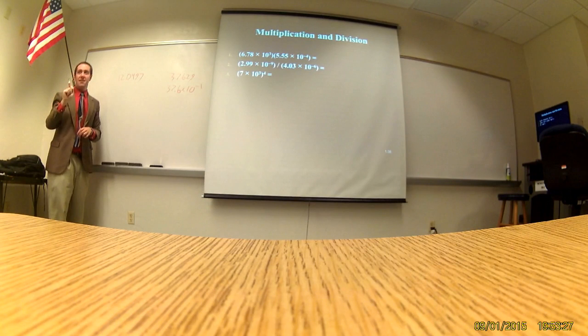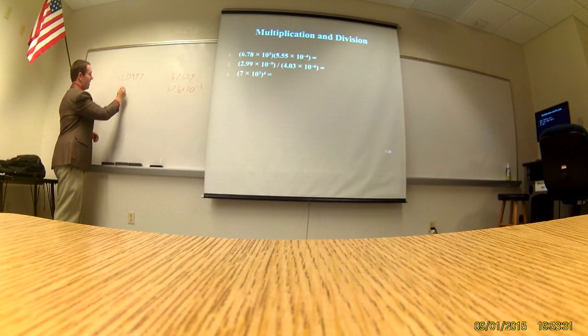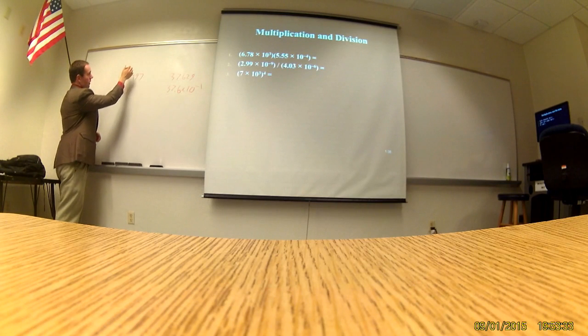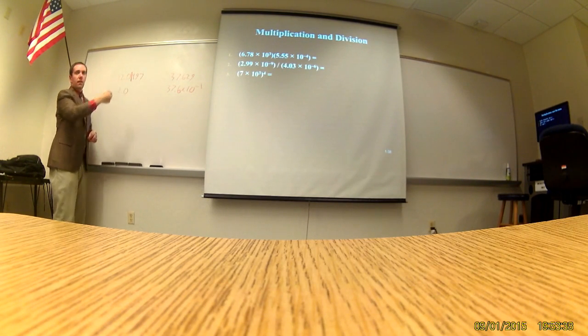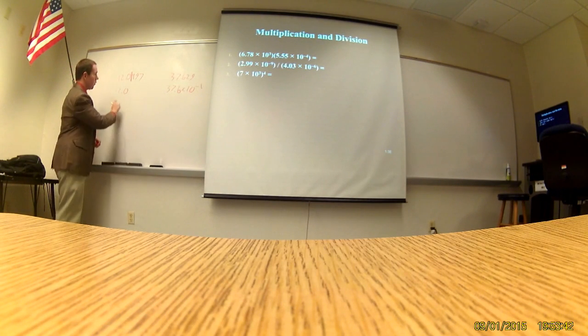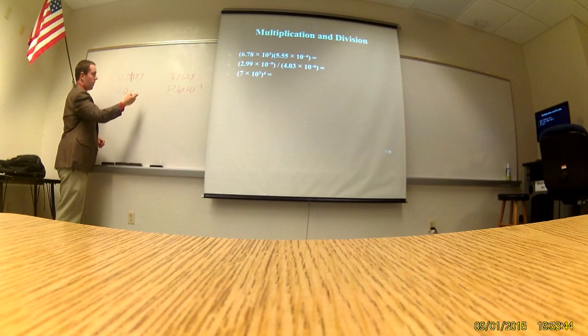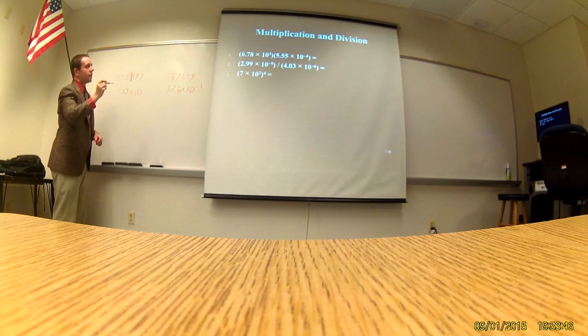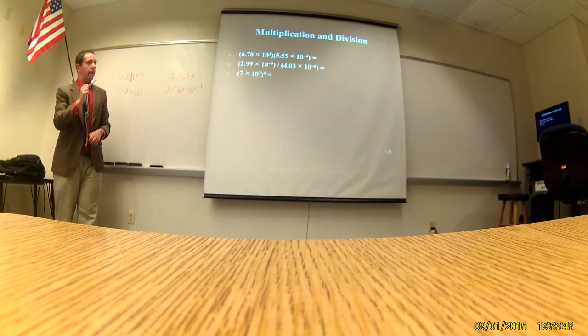I hear a bunch of things. 12.0. We have to round that way. 497 goes down. So we have 12.0. I have to get some new markers. Times 10 to the what?